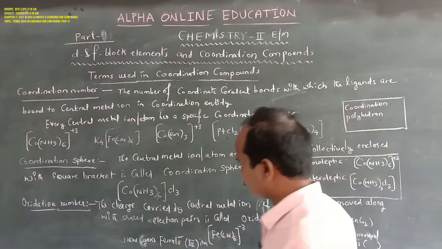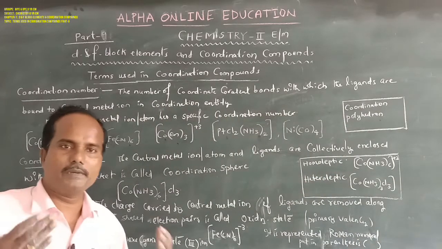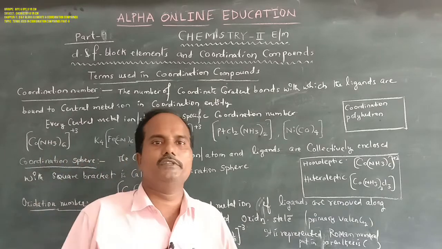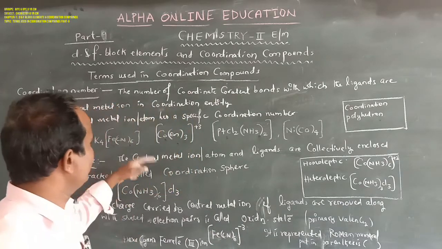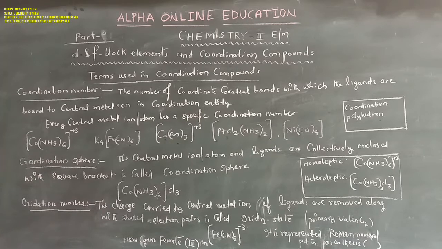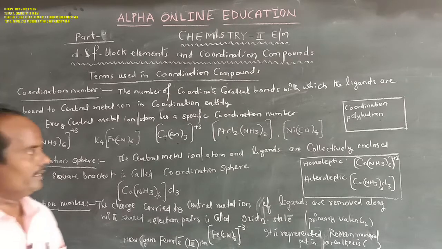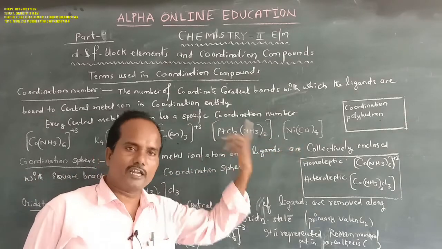Then next, based on the coordination number, we can expect the geometry of the coordination compound. Suppose the coordination number is 6, then octahedral geometry. If the coordination number is 4, then it may be tetrahedral or square planar.